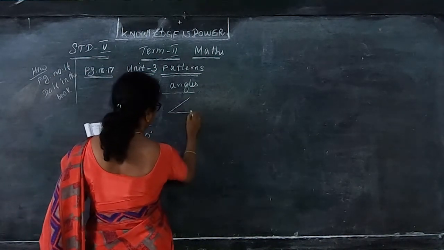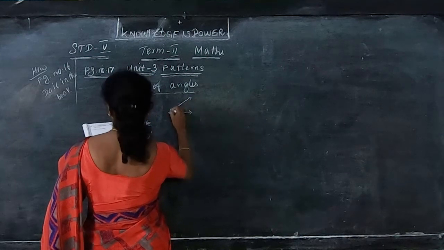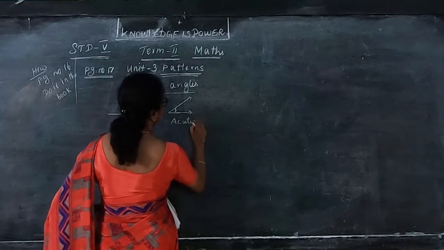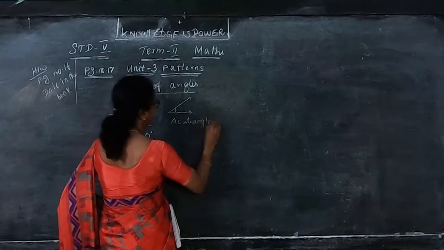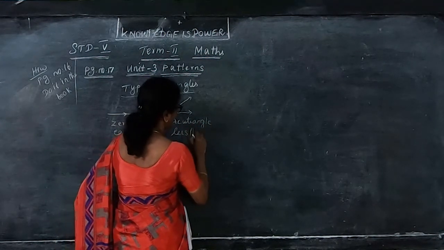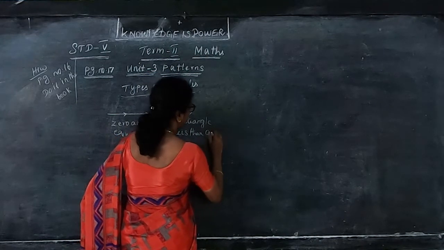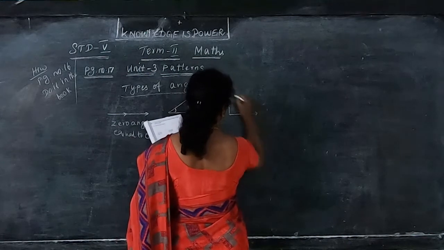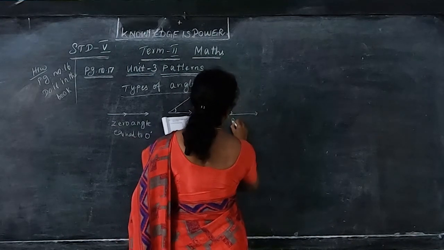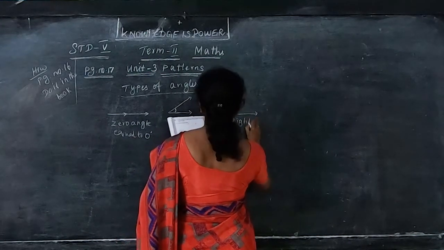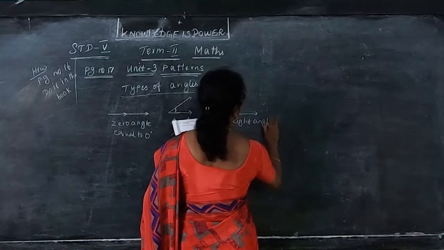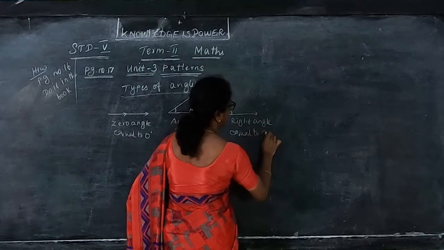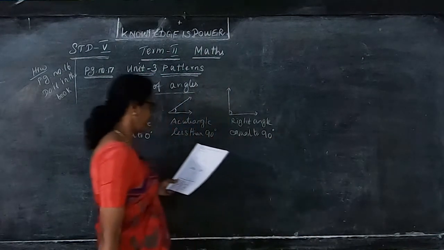Then this is the acute angle, less than 90 degree. Then right angle. So right angle is equal to 90 degree.